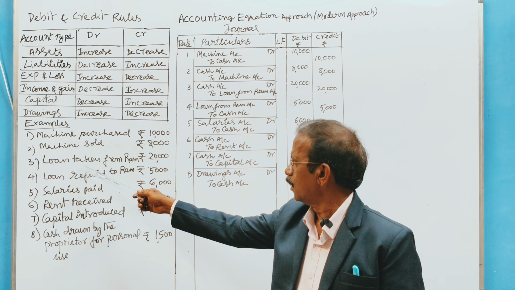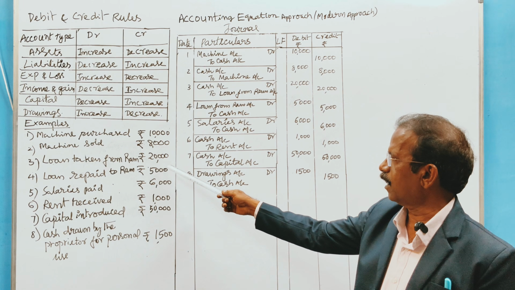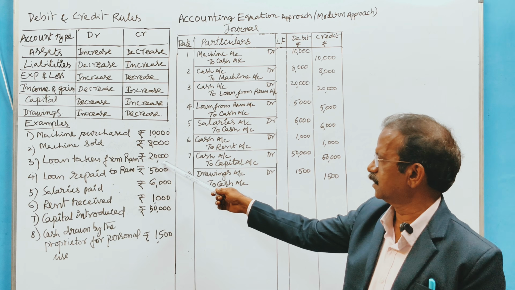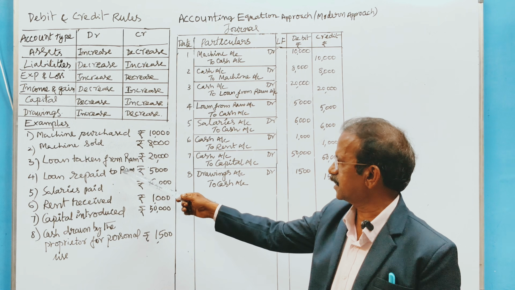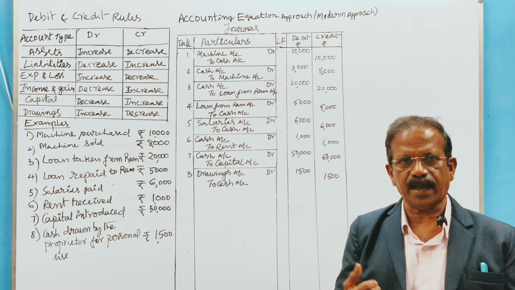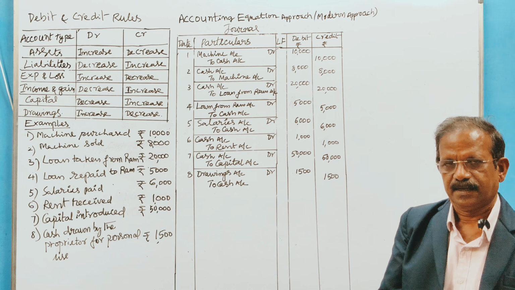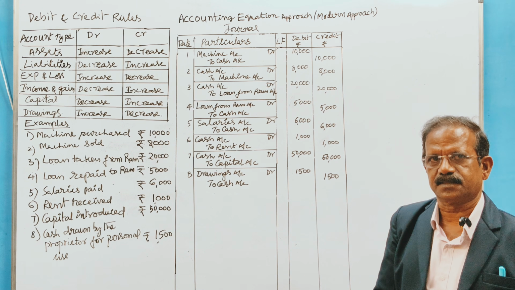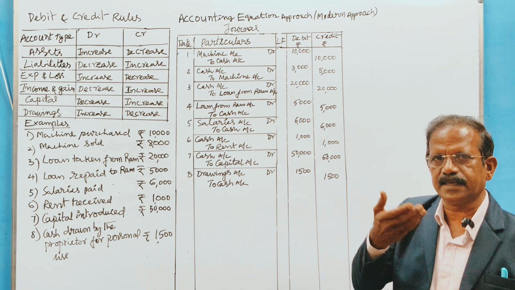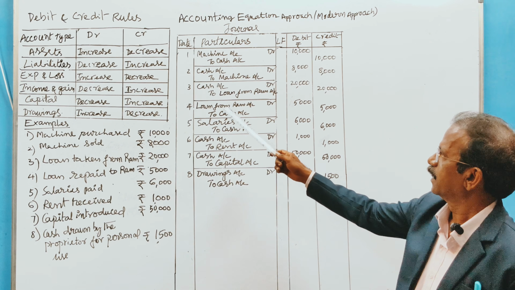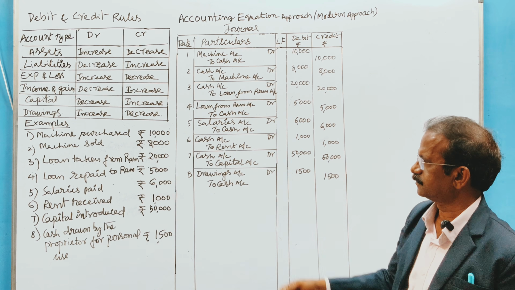Third example, loan taken from Ram, rupees 20,000. In this transaction, we received cash. Cash is an asset and it is coming into the business. So cash balance is increasing. That's why cash account is debited.